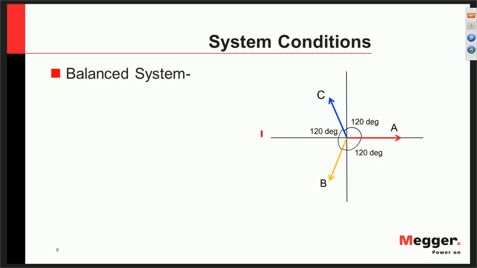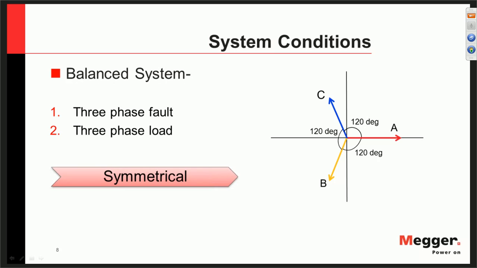This kind of system is called a balanced system. Examples of a balanced system are a three-phase fault or a three-phase balanced load. In these conditions, you will have a balanced system. As you can see, this is a symmetrical system because of the symmetry associated with the magnitude and phase angle. So we can call a balanced system a symmetrical system as well.